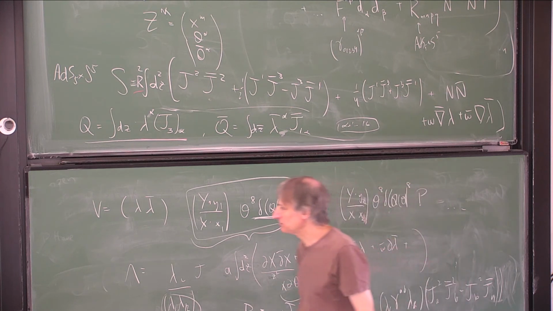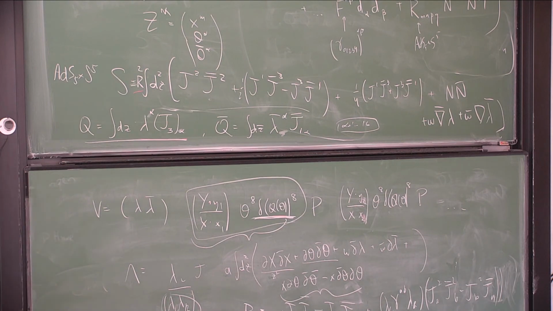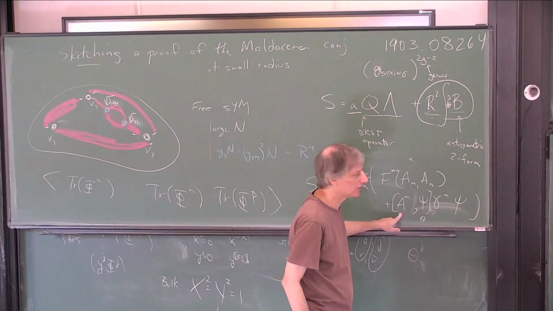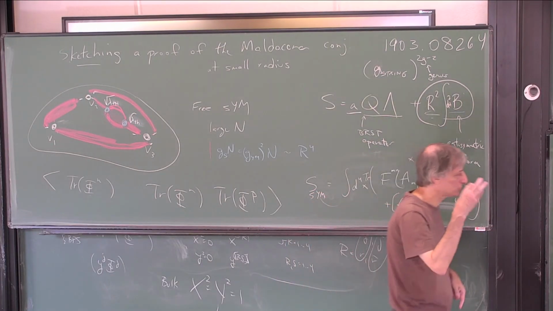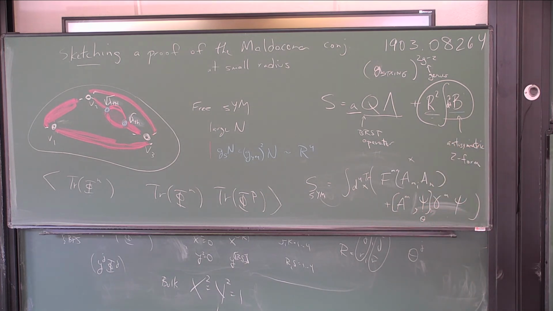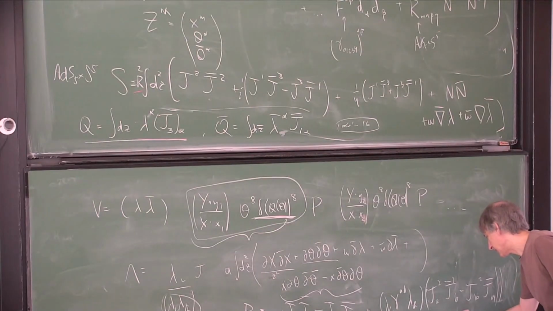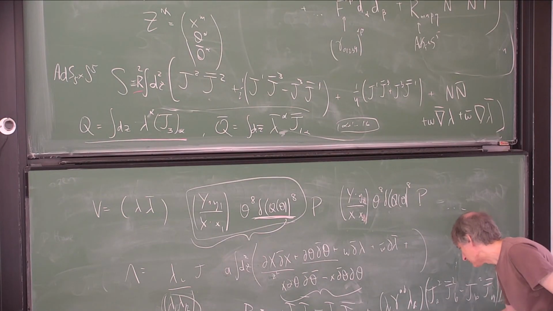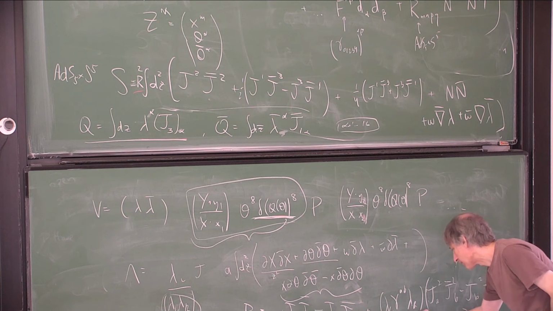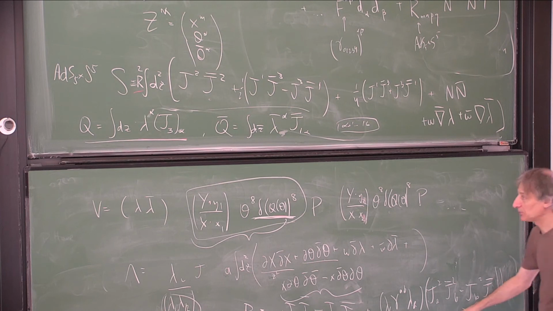And this is supposed to reproduce this term here in the super Yang-Mills cubic. But again, supposed to means I would like it to. And this is going to be like XA, XB.